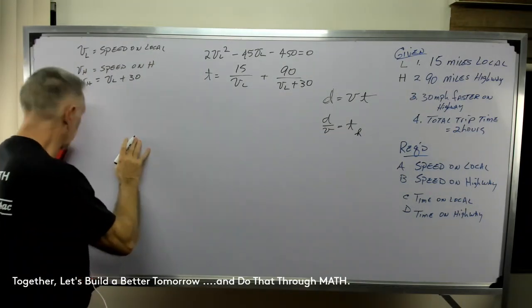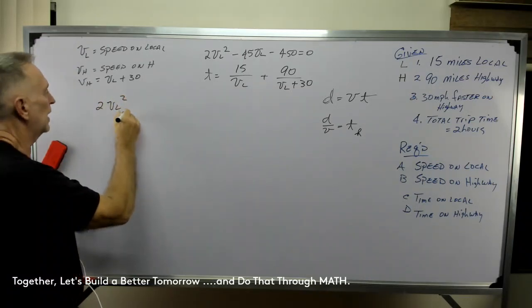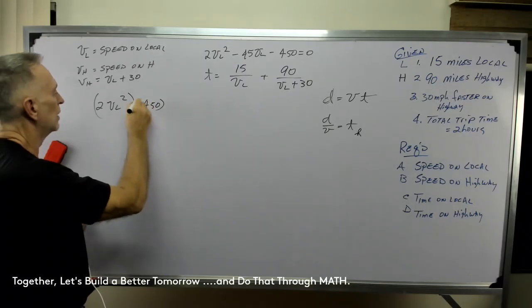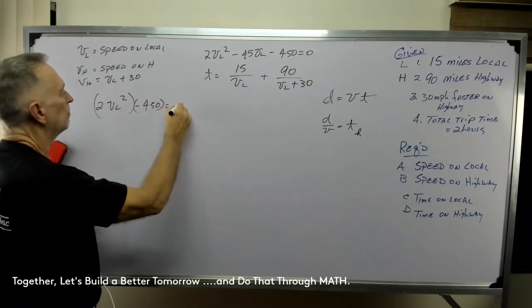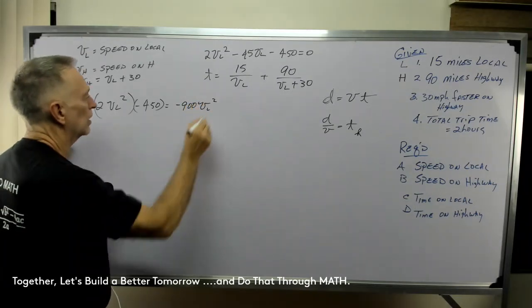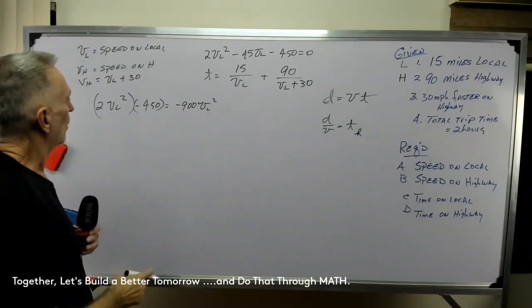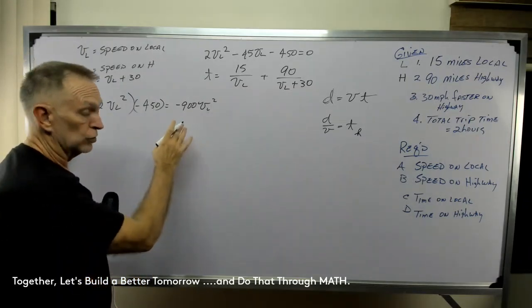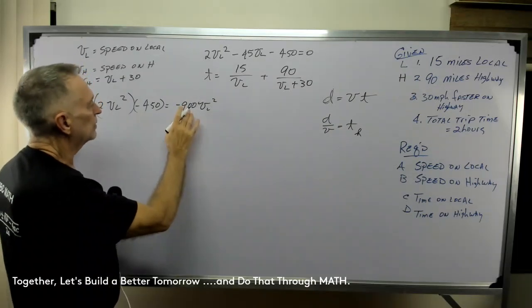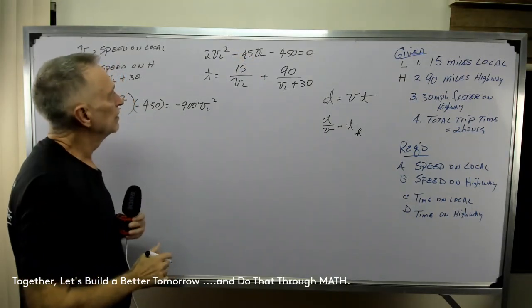If I took the 2v sub L squared times negative 450, that equals minus 900 v sub L squared. If I have factors of this number, they need to add together to give me a minus 45 v sub L.